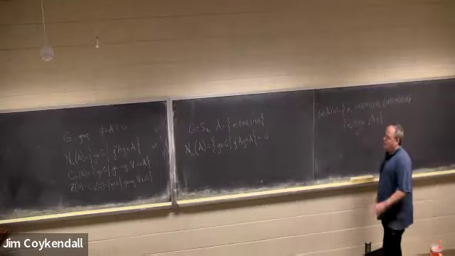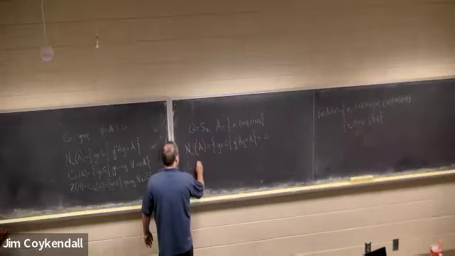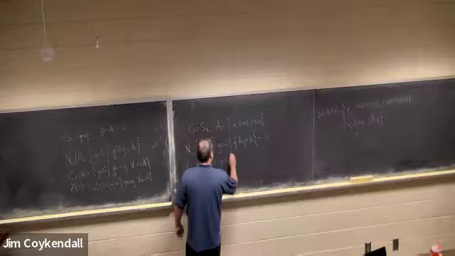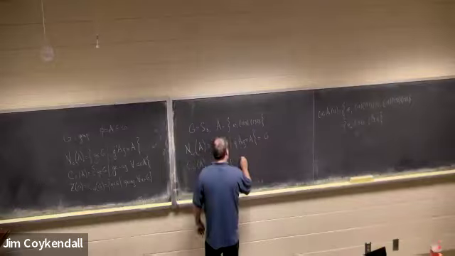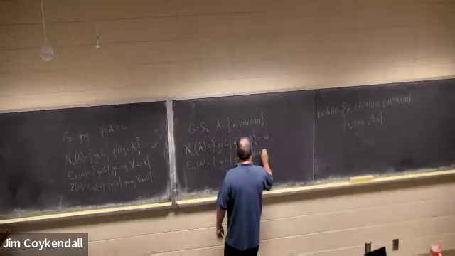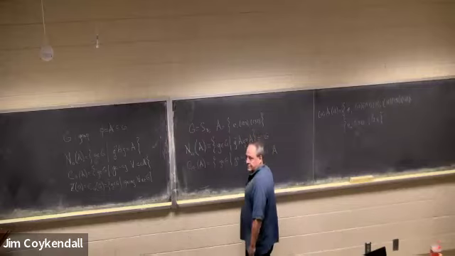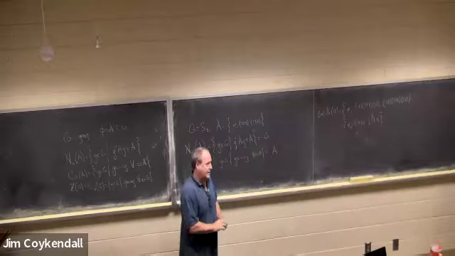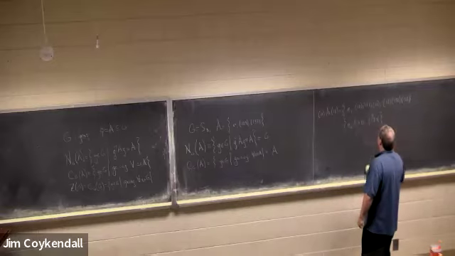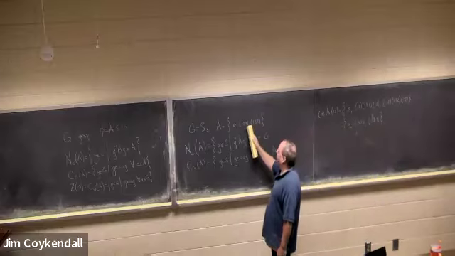You okay with that? So the normalizer of A in G is the set of g such that g A equals A g for all a. And this is A, because when you take two elements of A and multiply, the order doesn't matter.